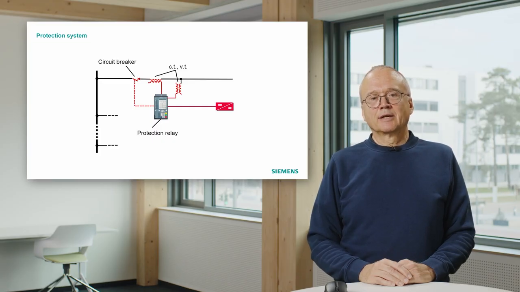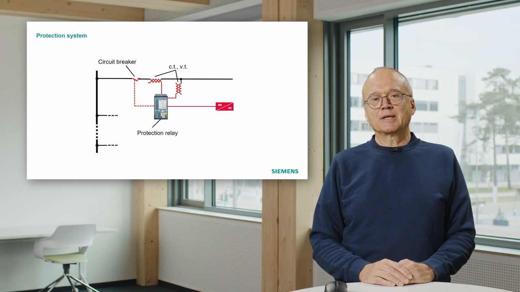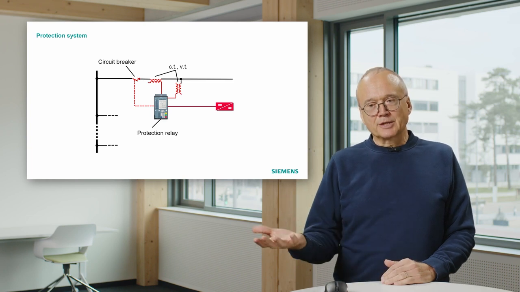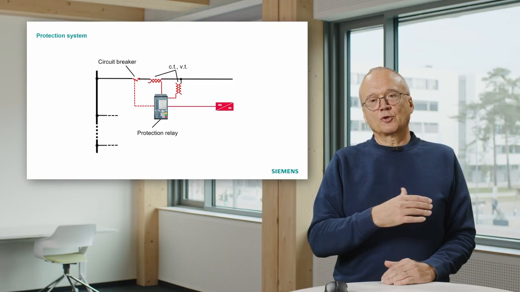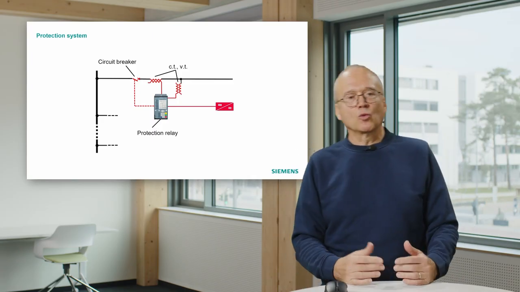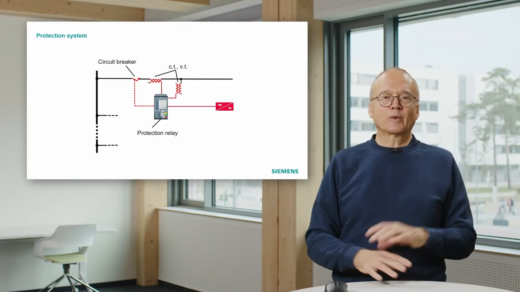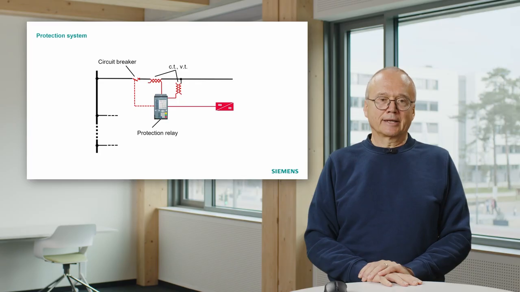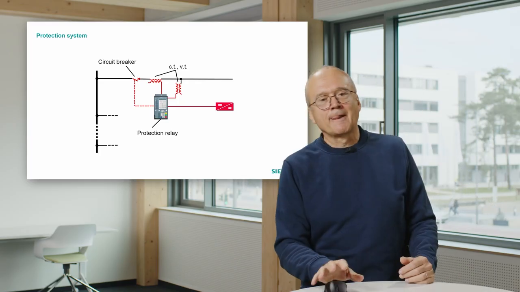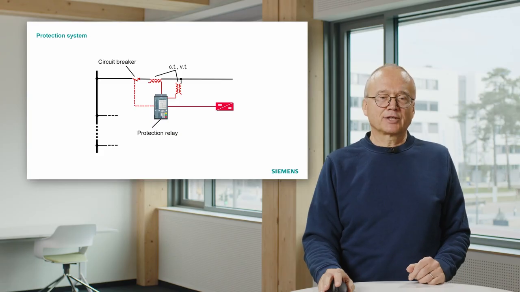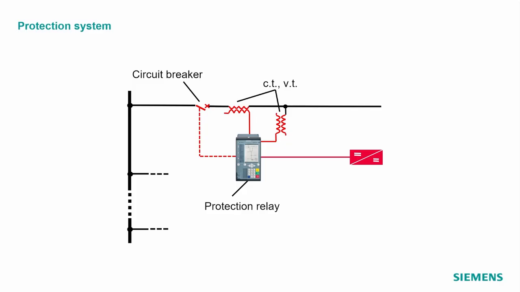We connect it via the so-called instrument transformers. That means the voltage is transformed down to a reasonable level, and also the big current which may flow, we may have 10, 20 kiloamps flowing in case of a short circuit. Also that is transformed down to a level which the protection relay can use.